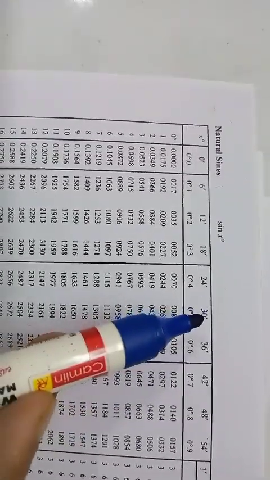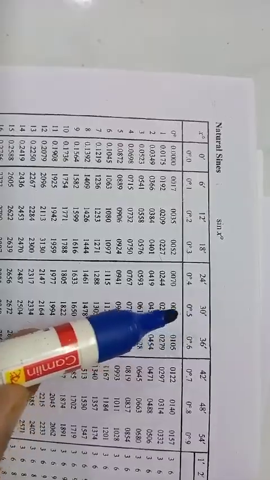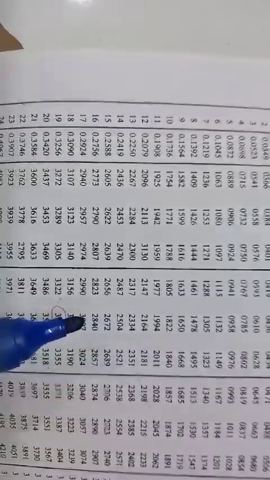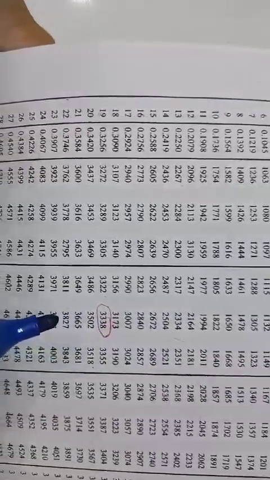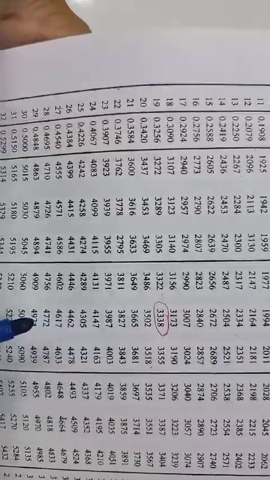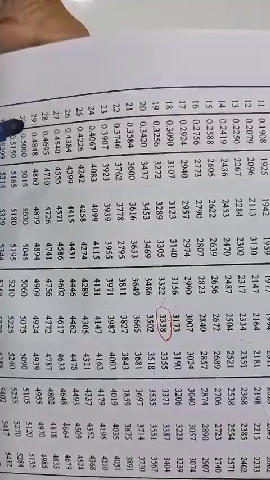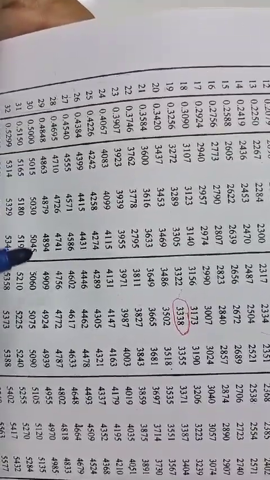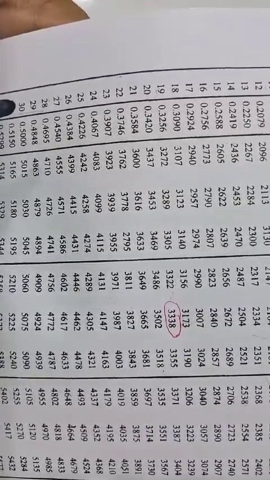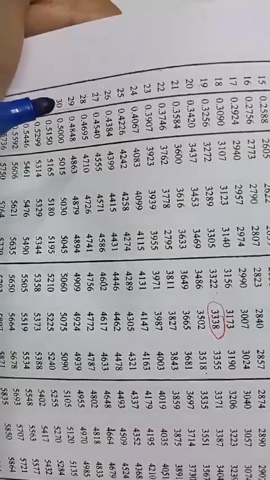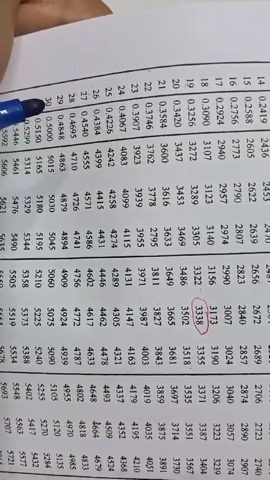Now let us come back here. So we have this 30 over here. So in this column you will keep coming down till how long? How much do you have to come down? Till the time you reach this 30 degree row. Okay, so essentially what you have to look at is this 30 degree row.